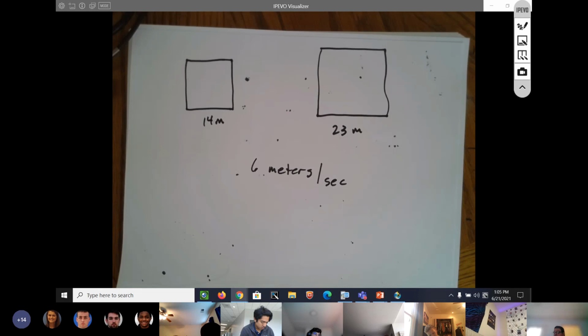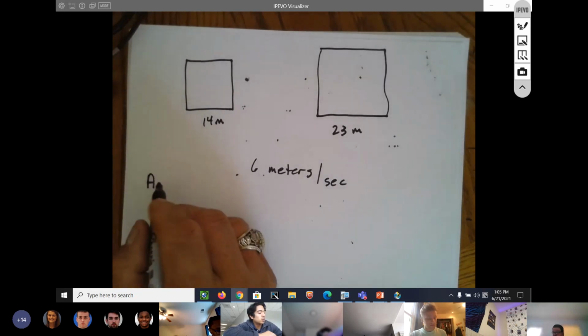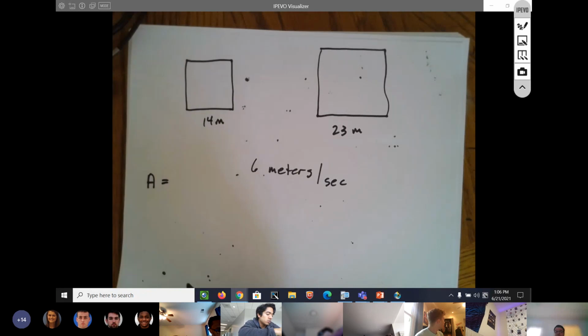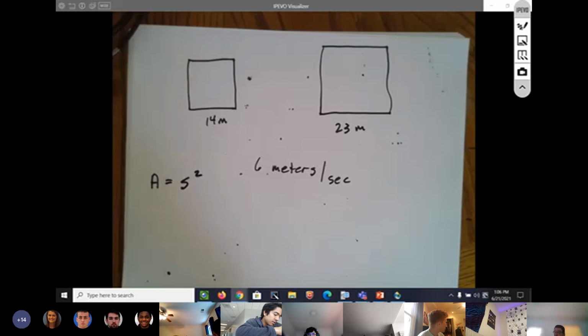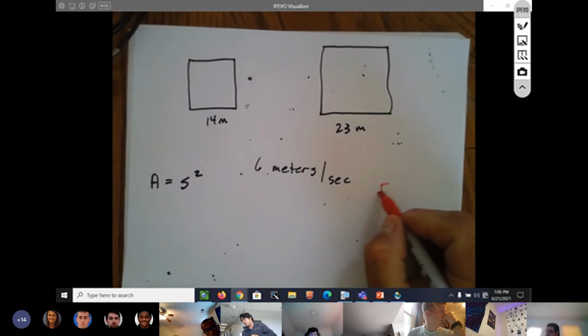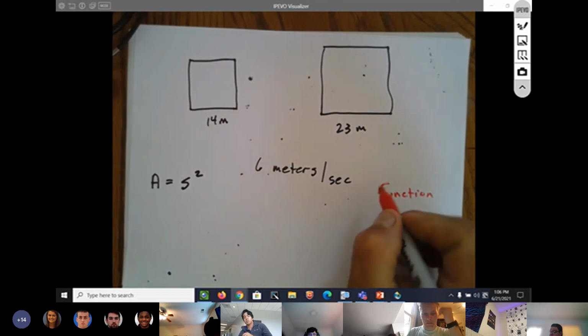Now, when you're dealing with one of these, the first thing you got to do is set up your equation. And what is the area of a square? Length times width. S squared. Yes. So the first thing you're going to do, I'm going to get my red pen. First thing you're going to do is establish your function. That's number one.